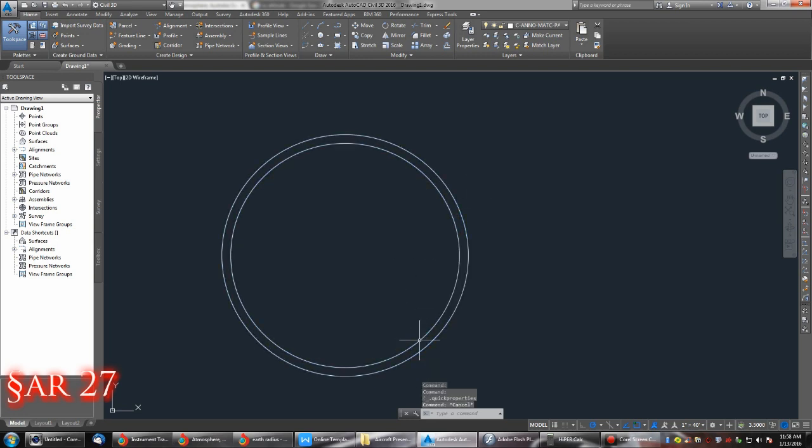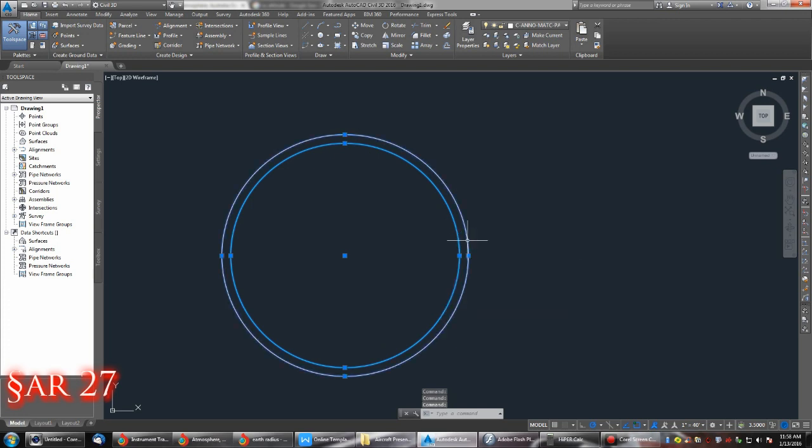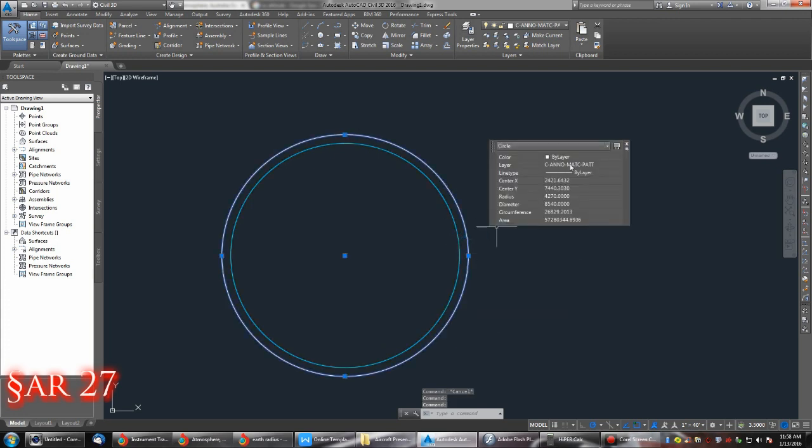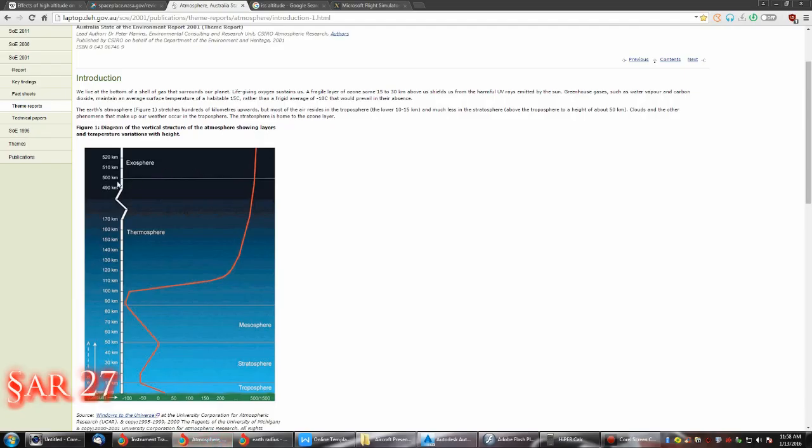I'm going to change the color of this one first to blue, cyan to represent the ball Earth. And this one I'm going to change to, I don't know, yellow. Let's just do yellow. And to verify that, we have the 500. This represents the ground to the end of the thermosphere.